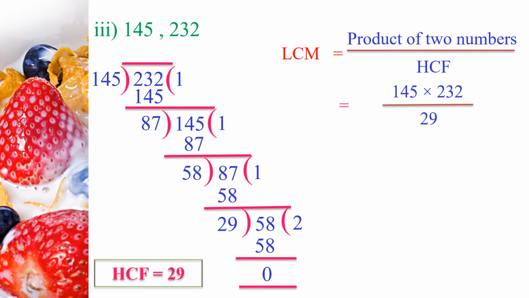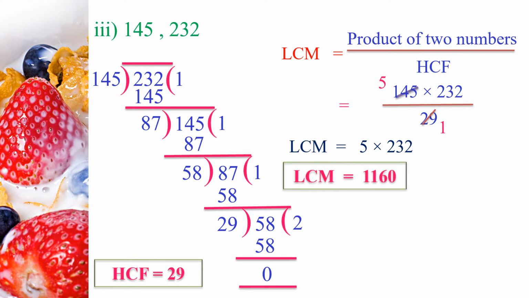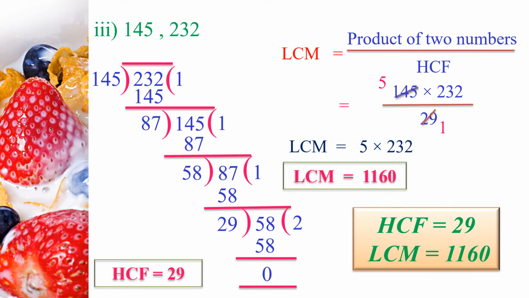So divide by 29. Now 5 29s are 145. Now we are going to multiply 5 multiplied with 232. We'll get LCM equal to 1160. Now we can write HCF equal to 29 and LCM equal to 1160.